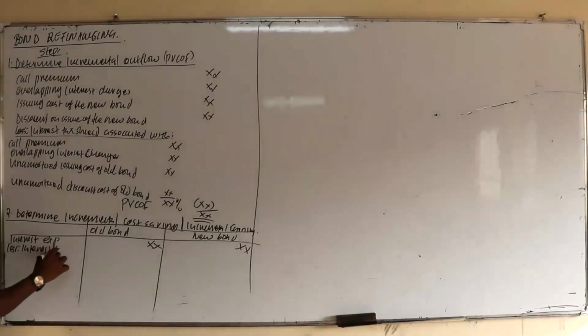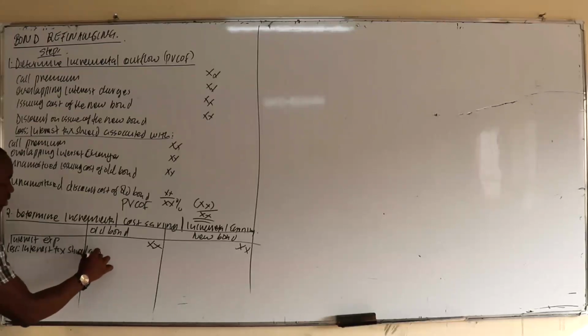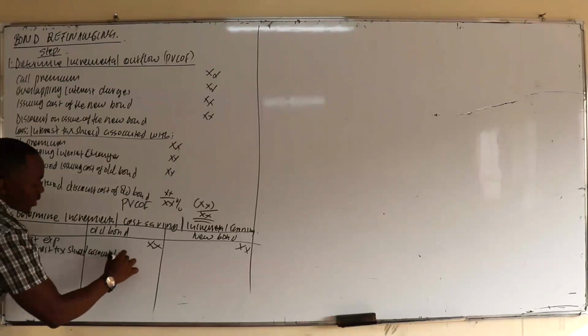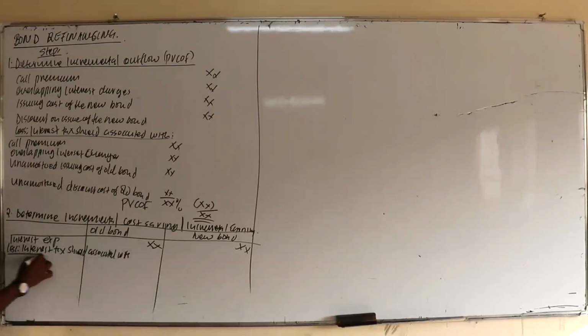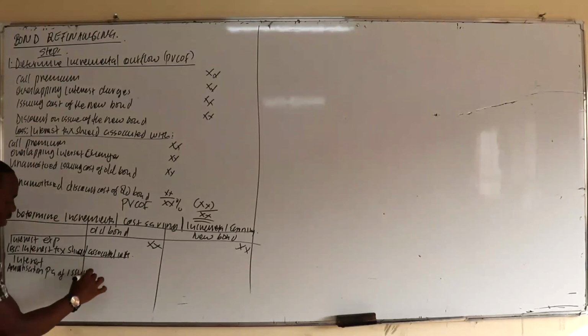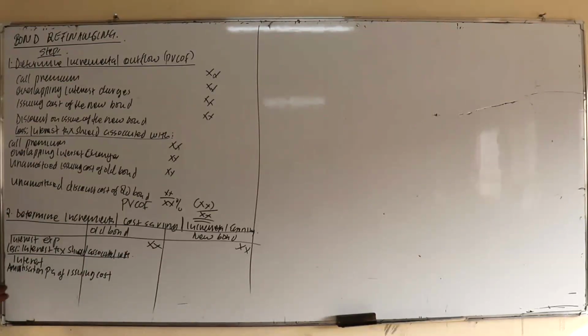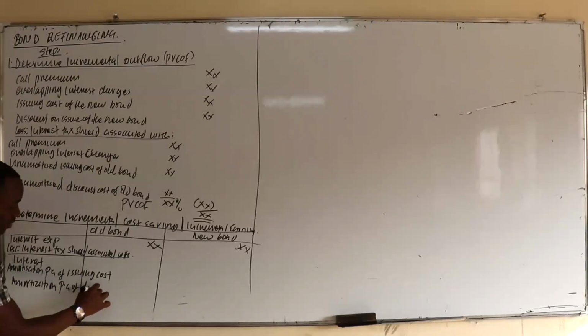interest tax shield associated with this interest. Then number 2, amortization per annum of issuing cost, as well as amortization per annum of the discount cost.